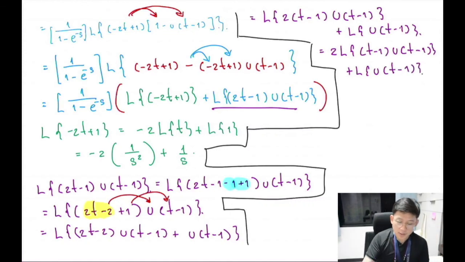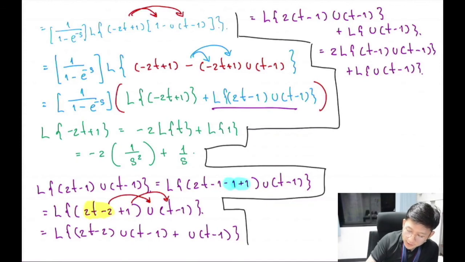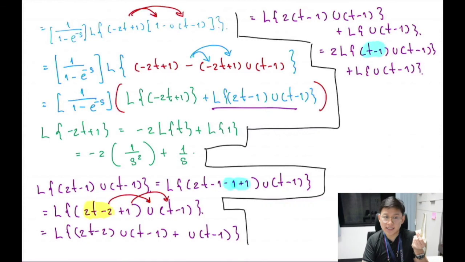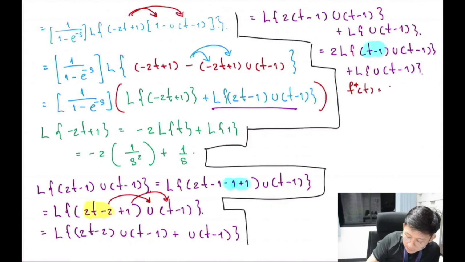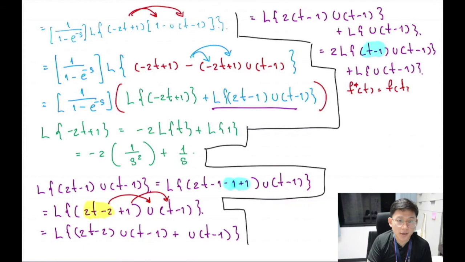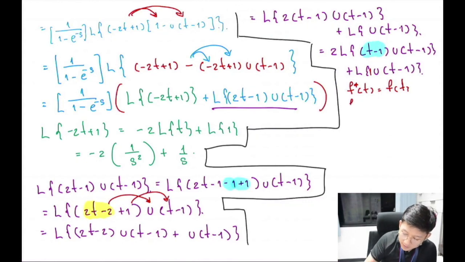And guys, for this one, I can look at this as f(t). So I need to let f star(t) be f(t). And for this one, I actually have 1 here, right? So I can let f double star(t) be 1.